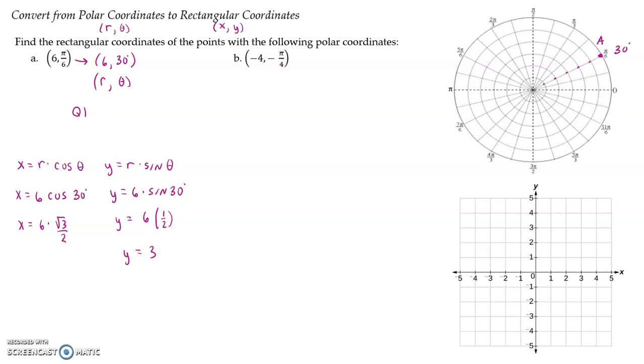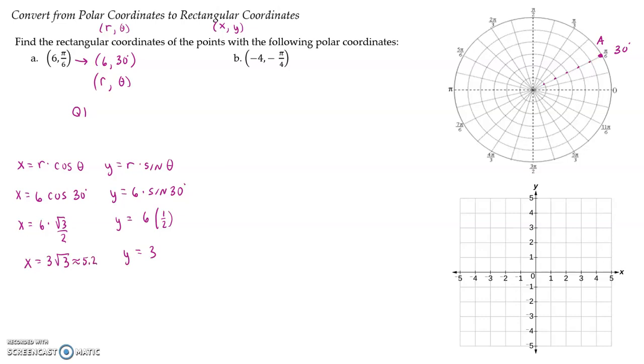If we multiply these together, this is going to give us 3 radical 3. Now, because I want to eventually plot these on my grid, I'm going to take this out to a decimal. So this is about 5.2.